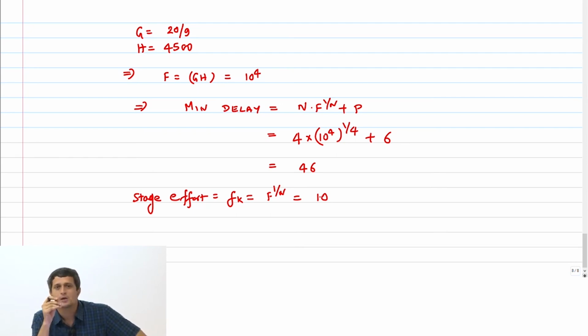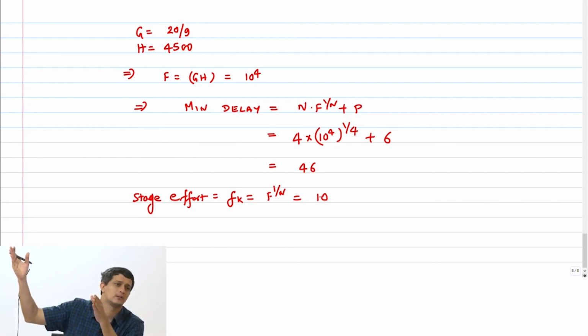So the fundamental problem here is the fact that my n is a very small number. I have a logic circuit that I made which had one inverter, NOR, NAND, another inverter, right? So effectively I just have 4 gates in the path and I am trying to drive a very large load capacitance of 4500x or even larger.